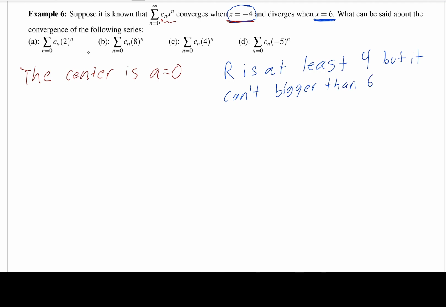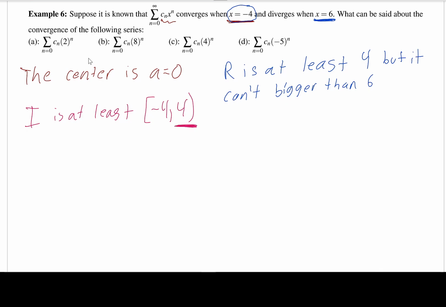Right? So here, what we can tell is that the interval of convergence is at least -4 up until 4. We're not told that it converges at +4, right?